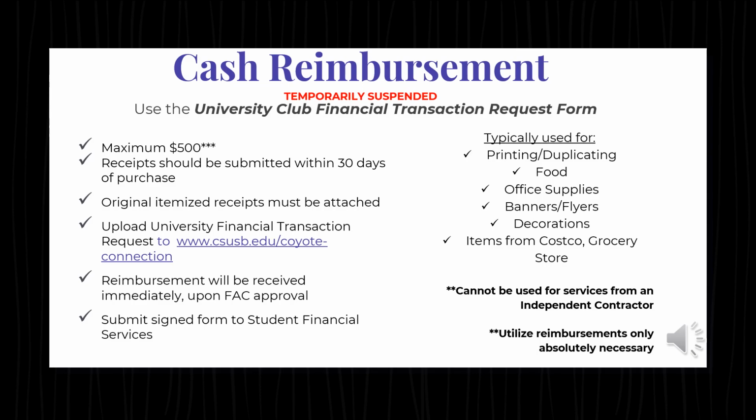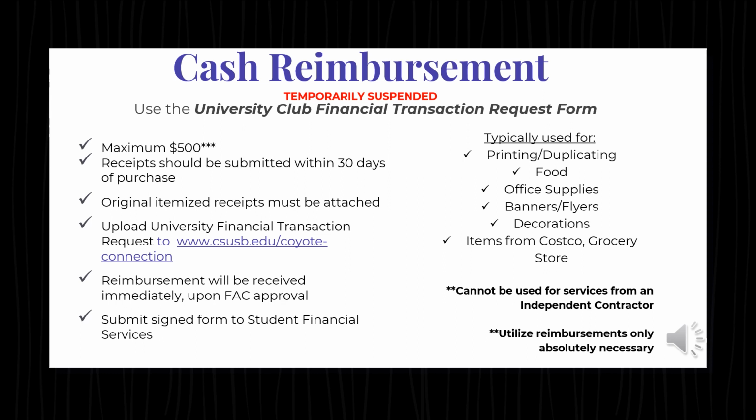As with cash advances, cash reimbursements are currently suspended as well. Once reinstated, there is a $500 maximum for cash reimbursements. Receipts must be submitted within 30 days. You will need to include itemized receipts with your transaction form when it is uploaded to Coyote Connection.